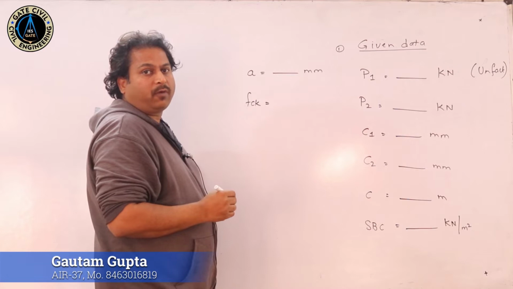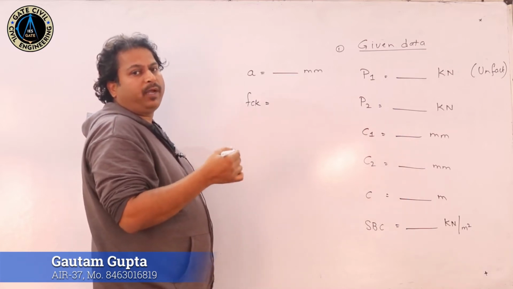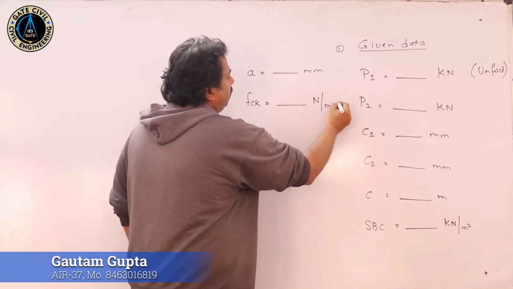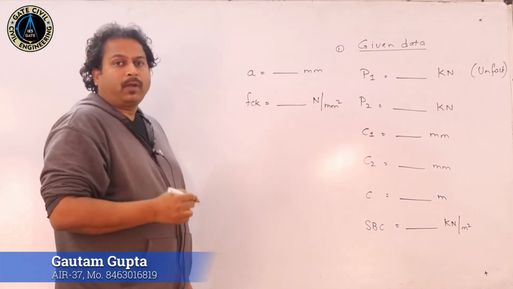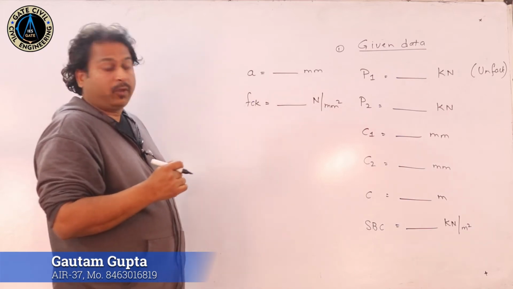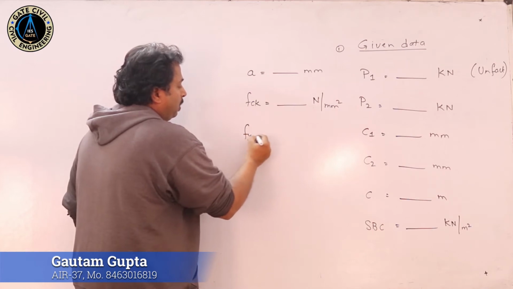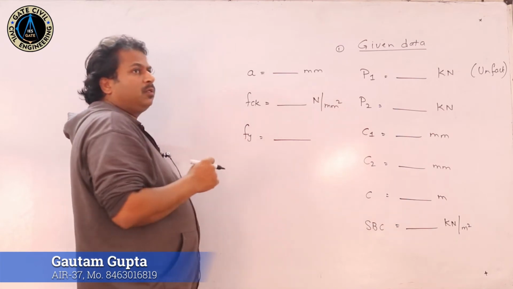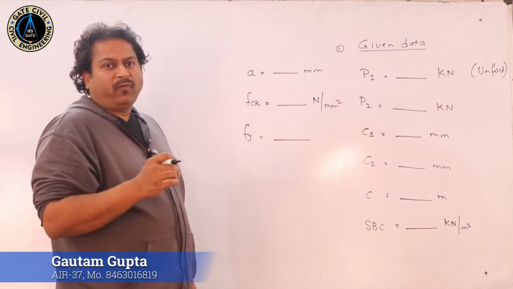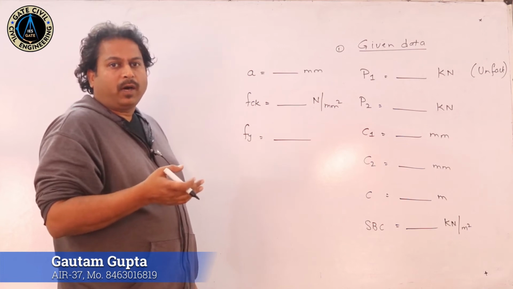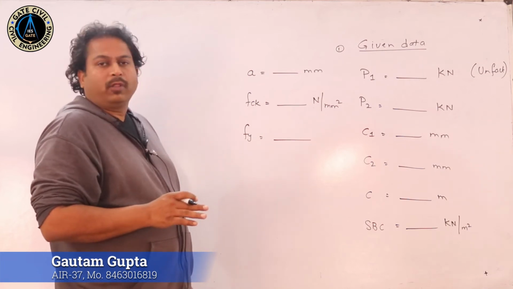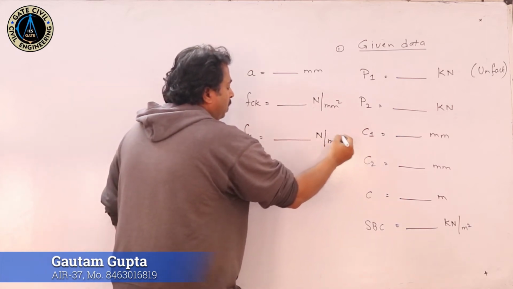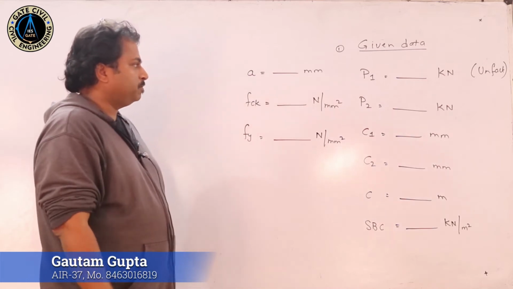FCK, that is the characteristic strength of concrete, either they will be providing M20, M25 or something. So I am representing it in terms of Newton per mm square, or megapascal, any units can be given to you. Then Fy is the yield strength of the steel reinforcement. Generally Fe415 or Fe250, that is the high yield stress deformed bar or the mild steel, are given to you in the questions. So it also has a unit of Newton per mm square.